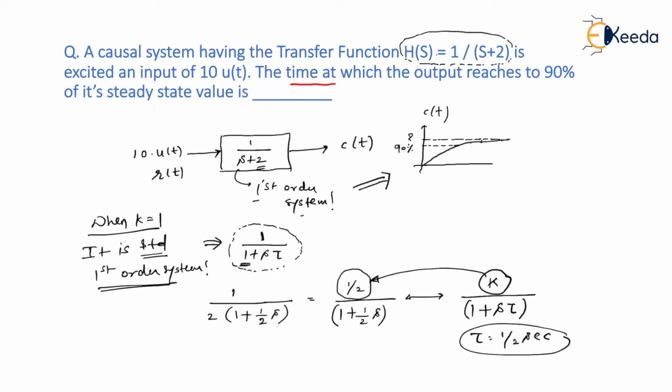We have to find the time at which the output reaches 90% of its steady state value. Let me remind you once again, for us the steady state value is not equal to 10. The steady state value is equal to 5. And we have to get 90% of the steady state value, that is 90% of 5 and not 90% of 10. I hope you got my point.